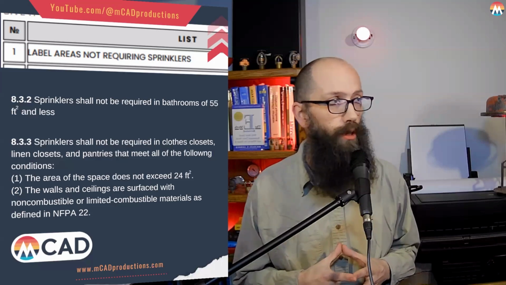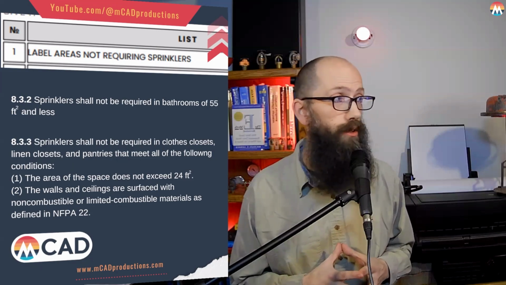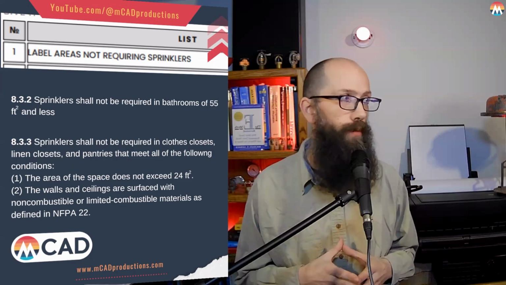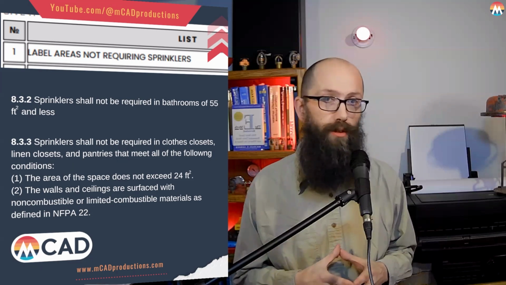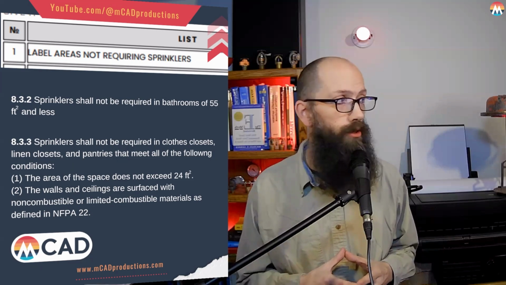And then in 8.3.3, sprinklers shall not be required in clothes closets, linen closets, and pantries that meet all of the following conditions. The first one is that the area of the space does not exceed 24 square feet.